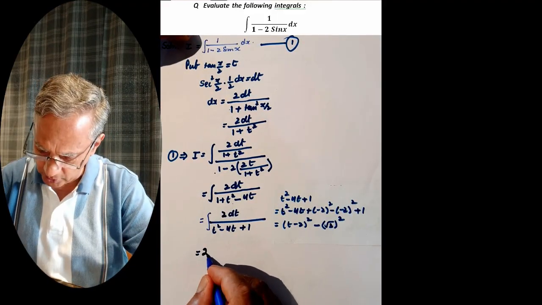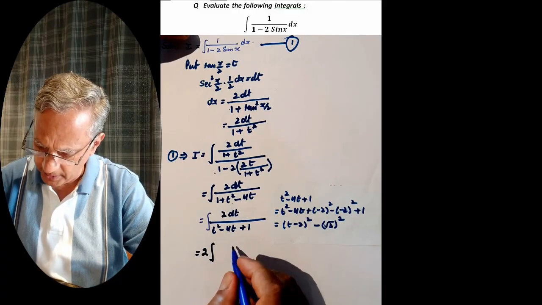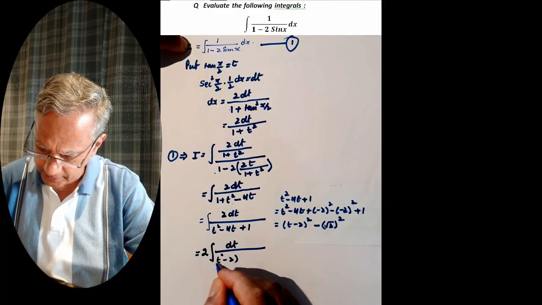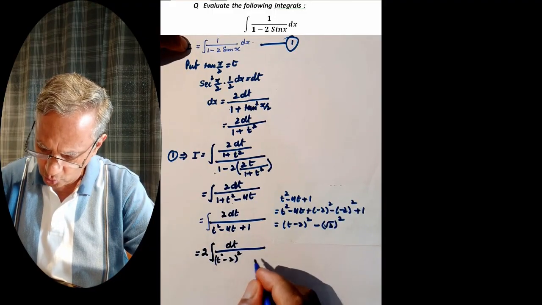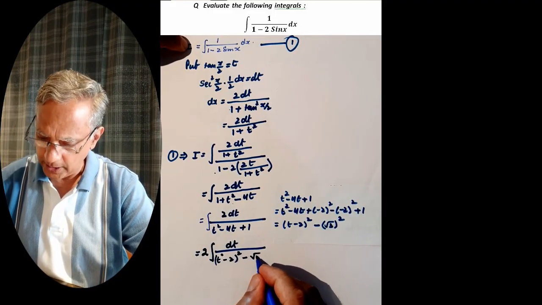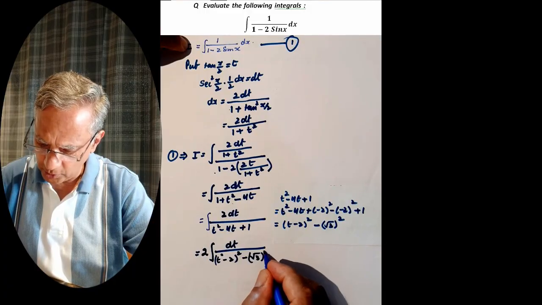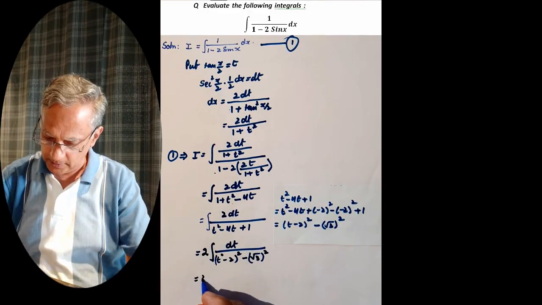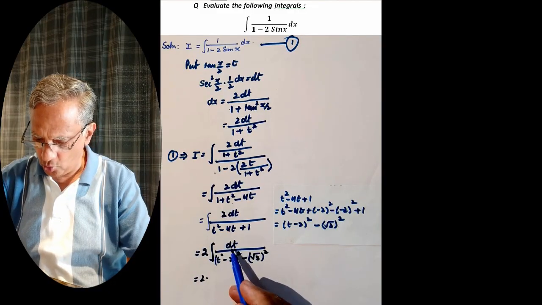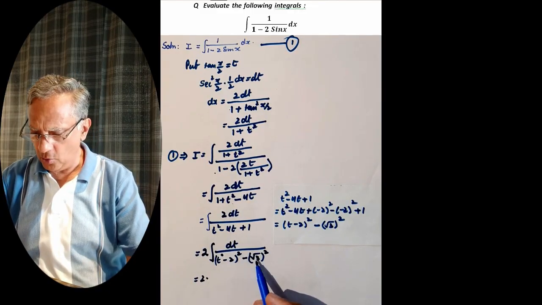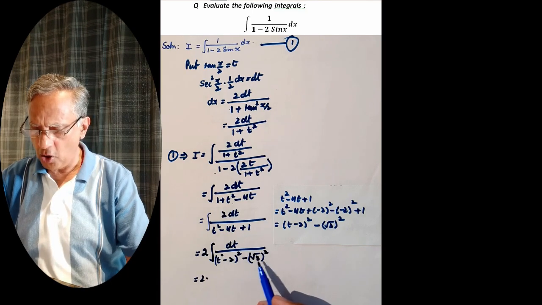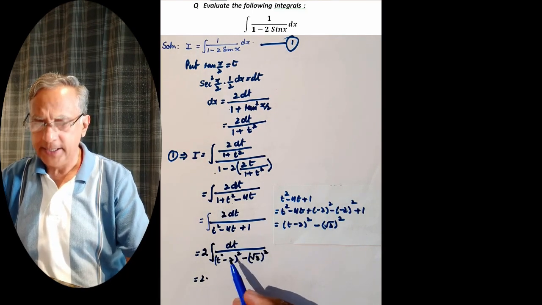So this is equal to, 2 is common, integral dt over t minus 2 whole square minus root 3 whole square. This is equal to 2 into, this is dt over t square minus a square, like dx upon x square minus a square.